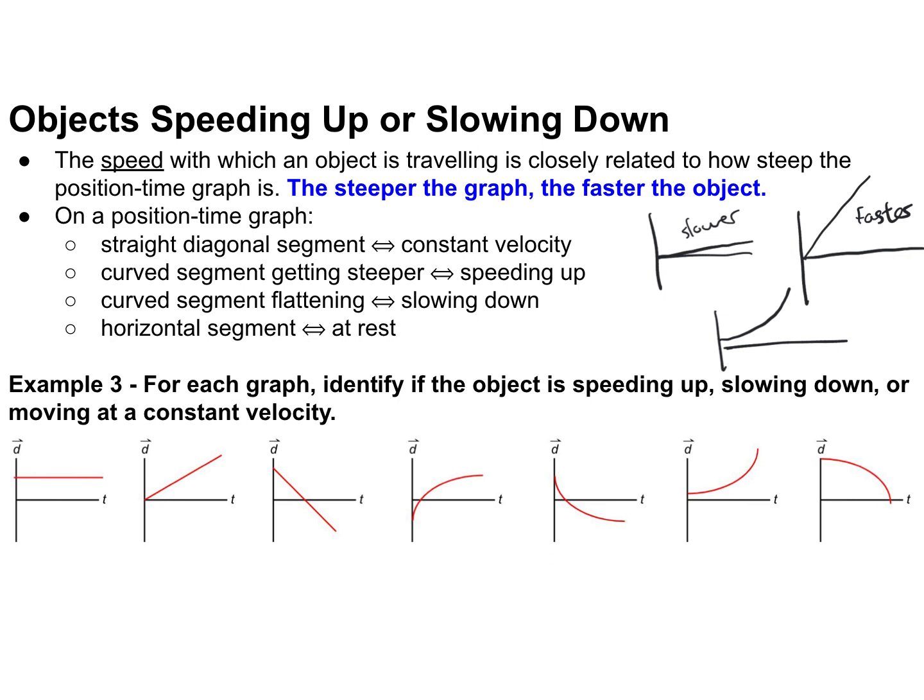As time goes on, the curve is getting steeper and steeper. So this would be a graph where I would say the object is speeding up. It starts off slow and then ends off faster, so it's speeding up. And that's what I want you to be able to recognize based on this slide here.